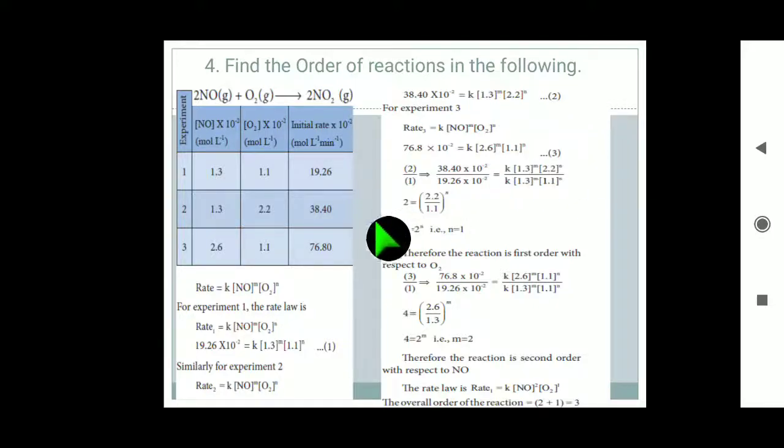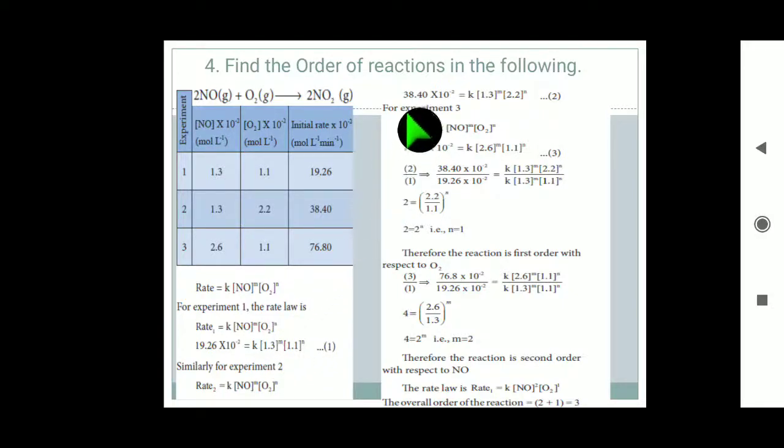So with respect to the table, first we should write the 3 equations: 1, 2, 3.